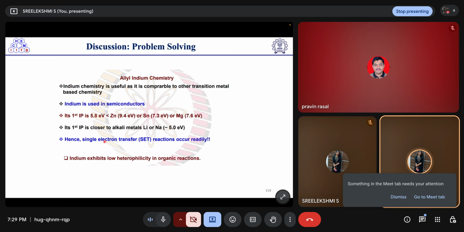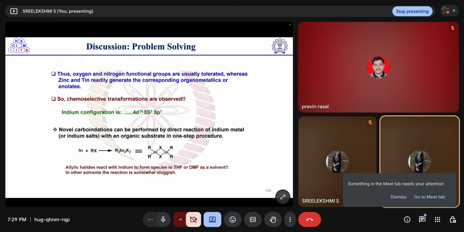Indium generally exhibits low heterophilicity in organic reactions. So with indium, oxygen and nitrogen functional groups are usually tolerated, whereas zinc and tin readily generate the corresponding organometallics or enolates.